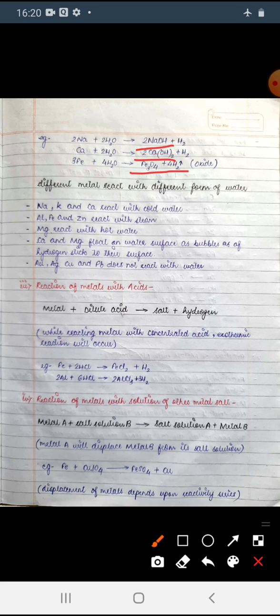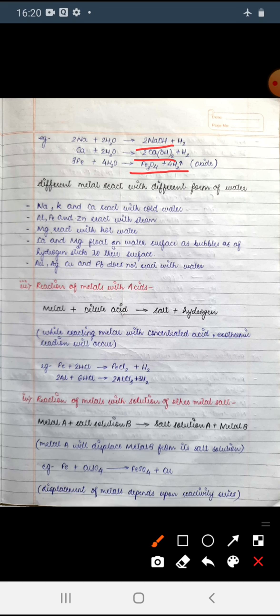Because we cannot perform chemical reactions with concentrated acid. We know the fact that concentrated acids are highly dangerous and they can harm us too. So all the reactions performed here are done with dilute acids only.